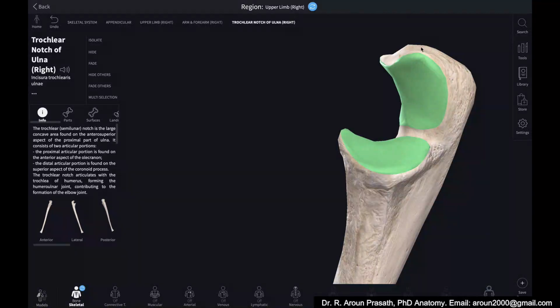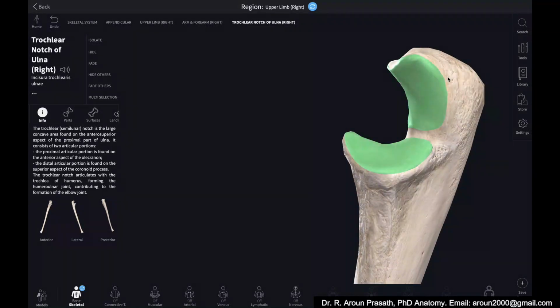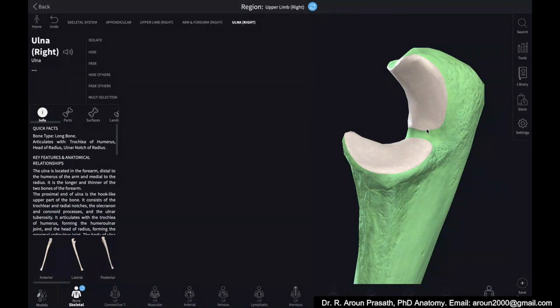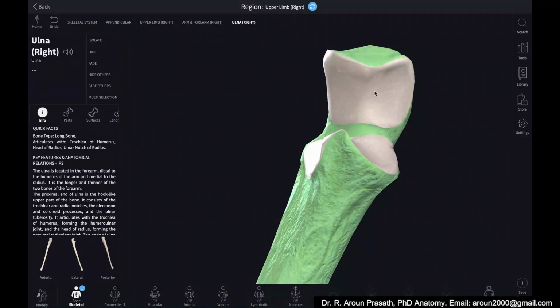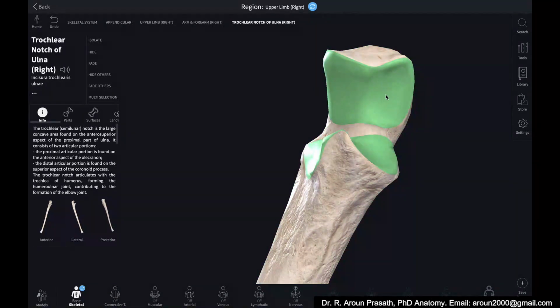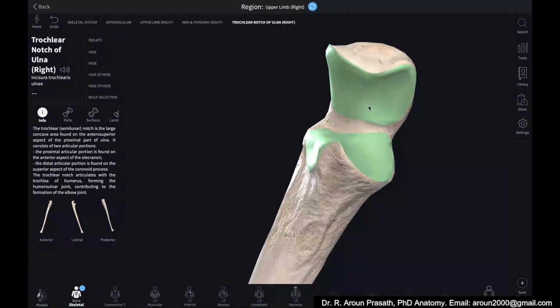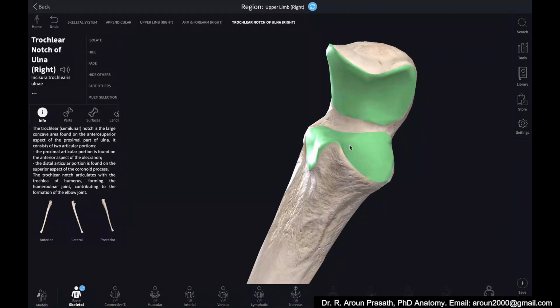This part is called the olecranon process, and this projection is called the coronoid process. This pit, this surface is called the trochlear notch, or the trochlear articulating surface.